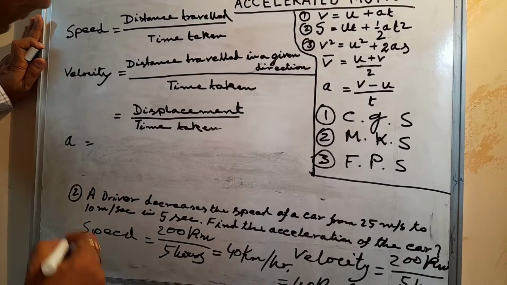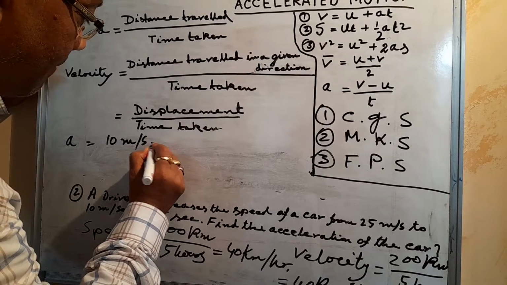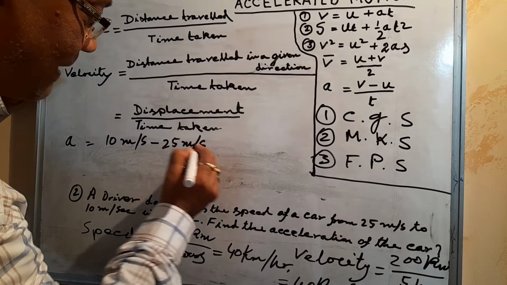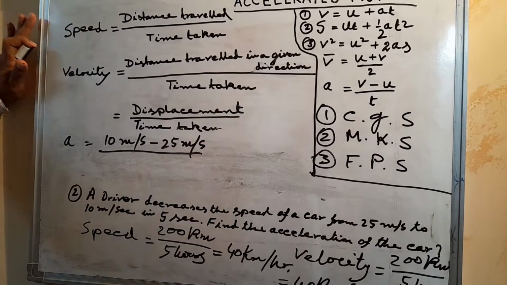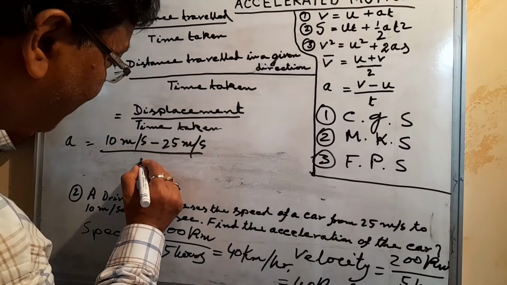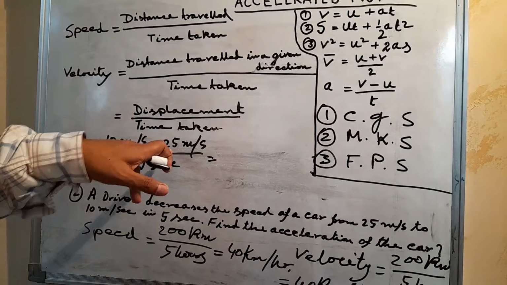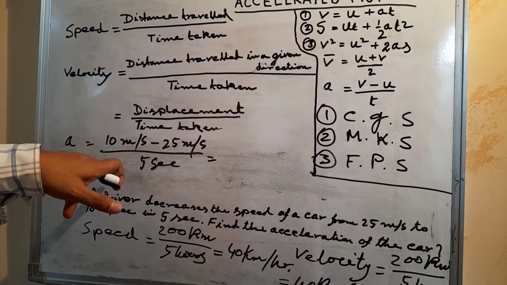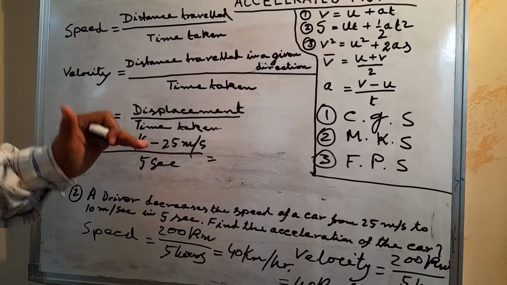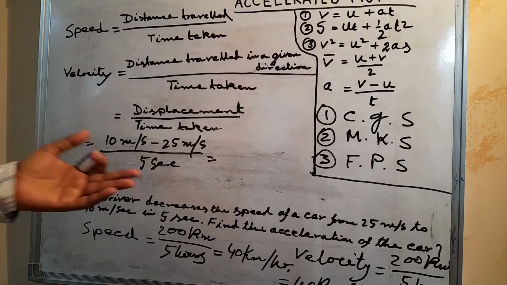So the change of velocity is 10 meter per second minus 25 meter per second, and the time taken is 5 seconds. This will be equal to 10 minus 25, which is minus 15, divided by 5.